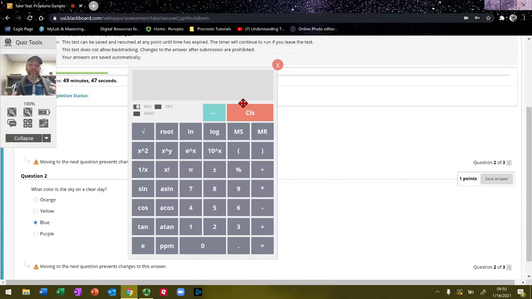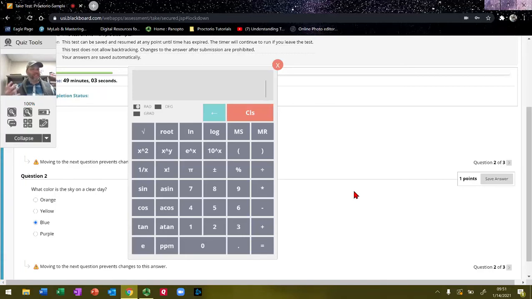As far as other functions, this is where it gets a little complicated. If you want to find the square root, the natural log, memory save, memory recall, the square of a number, the power of a number, the natural anti-log, so e to some power, or base 10 to some power, all this other stuff, typically you will need to press the number that you want the command to act on, and then press the command.